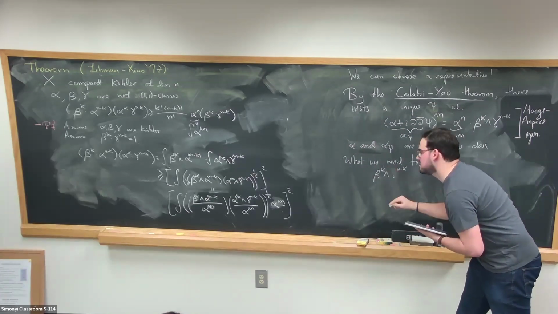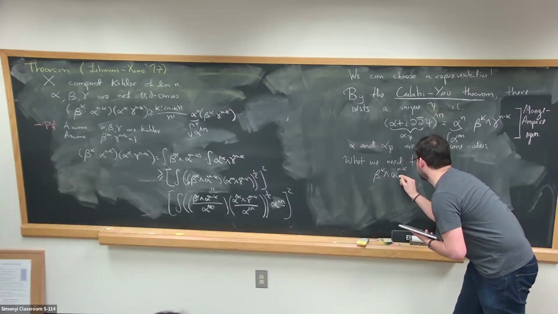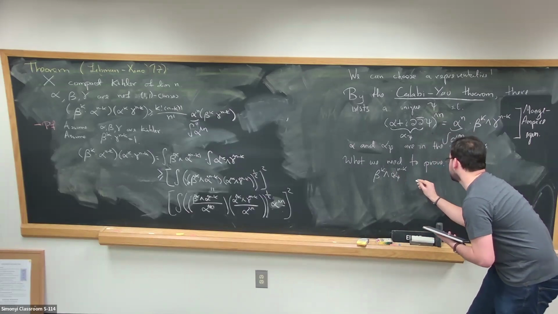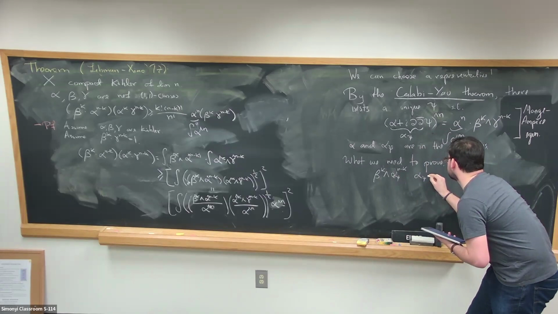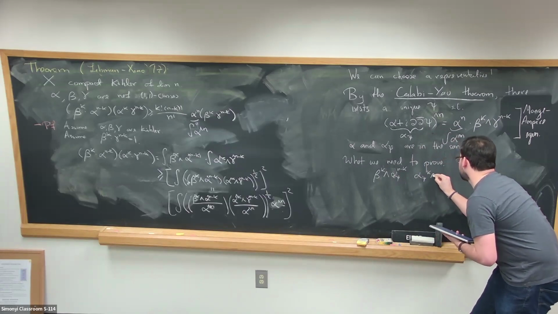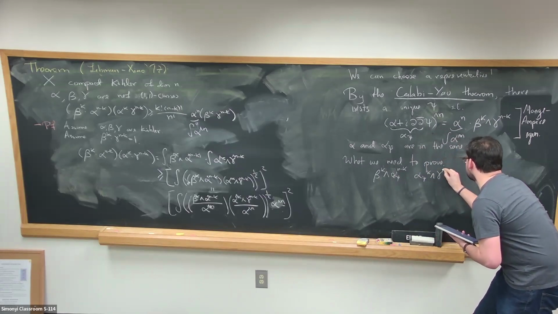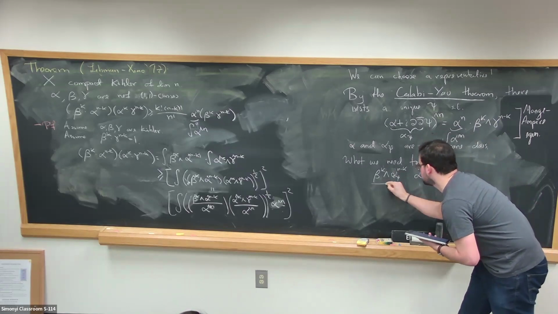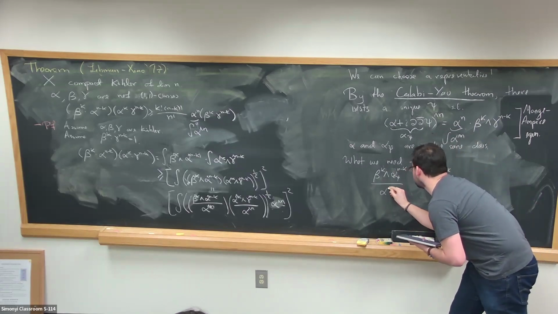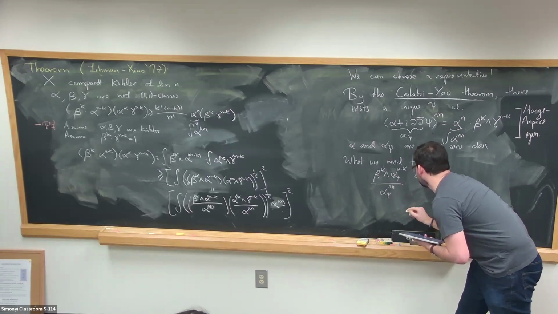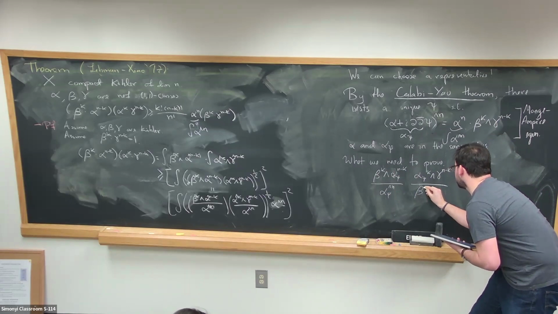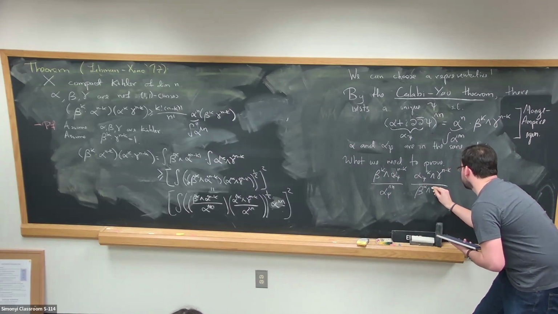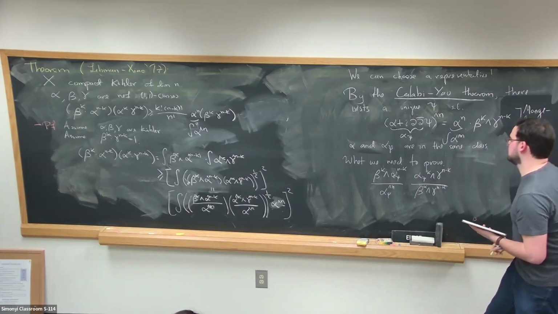Oh, sorry, not gamma, alpha psi to the n minus k times alpha psi to the k wedge gamma to the n minus k, this divided by alpha psi to the n divided by beta to the k wedge gamma to the n minus k.